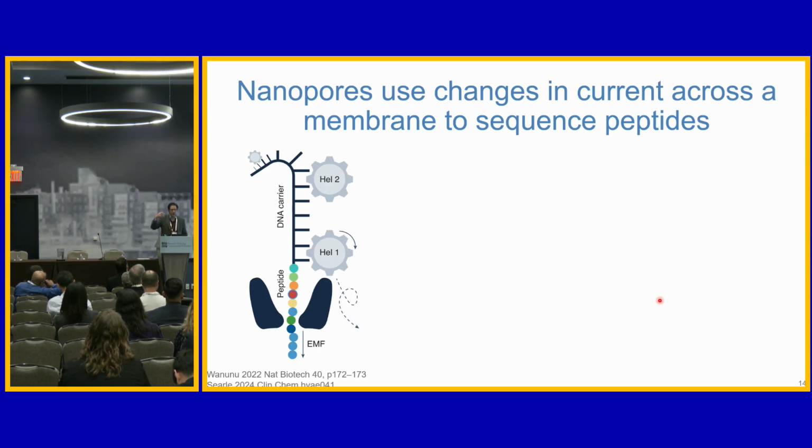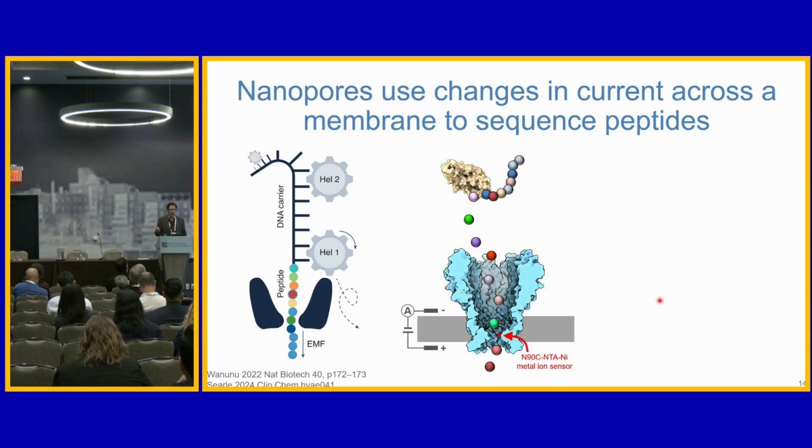Basically, you tether some DNA to the end of the protein, and then you feed the DNA through rather than the amino acids. That way you get a constant up and down motion of the protein that you're interested in through the pore. And you can do this not just one way, but backwards and forwards, and get multiple reads of the exact same protein. So there are lots of different interesting strategies for trying to deal with that.